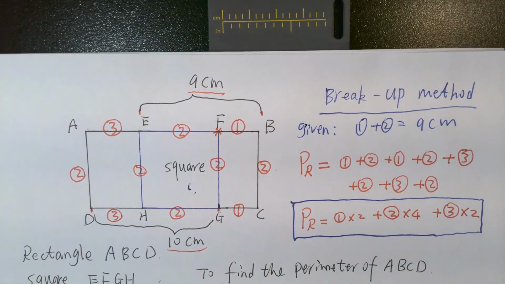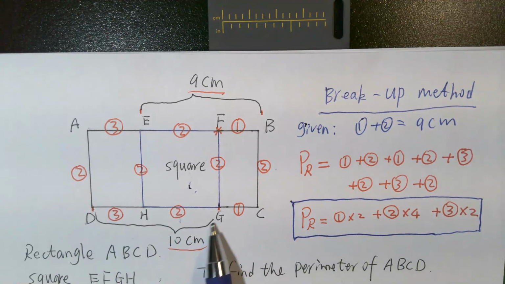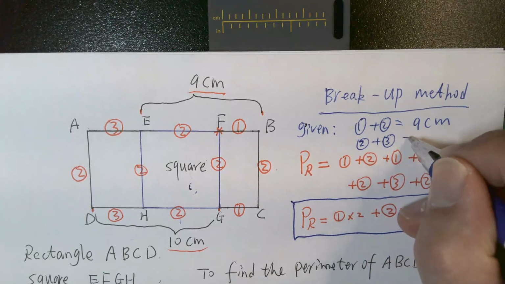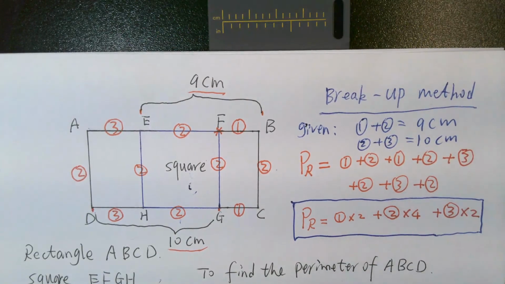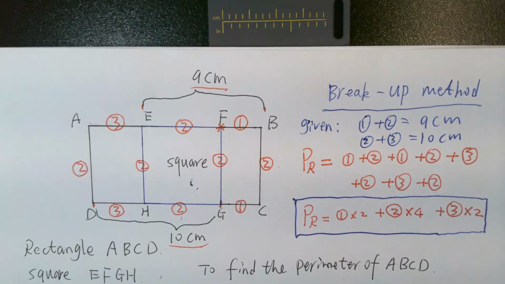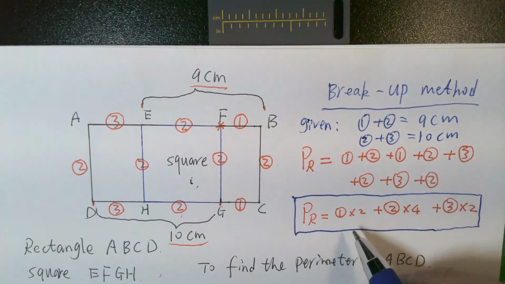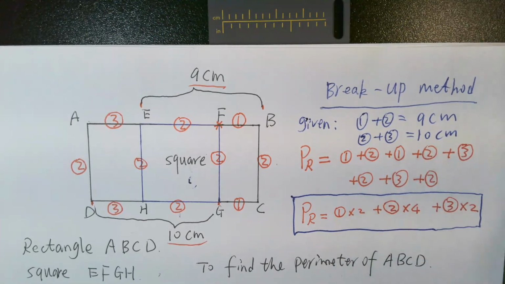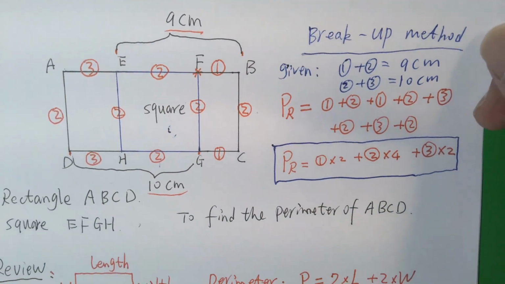What else? 2 plus 3 is 10 centimeter, right? Now let's look at the relationship. Remember, 1 plus 2 is 9, 2 plus 3 is 10.